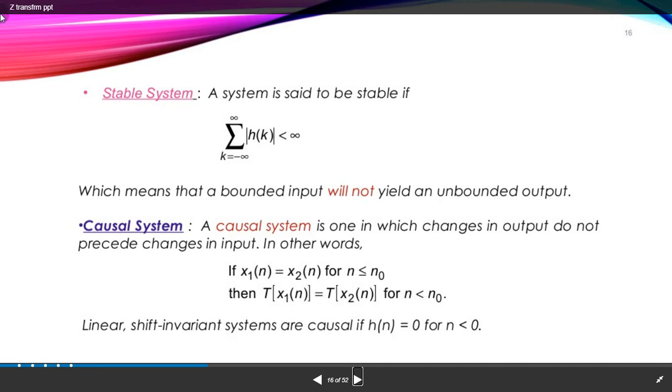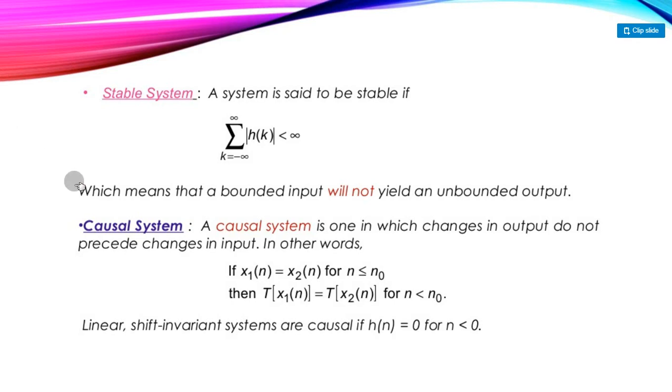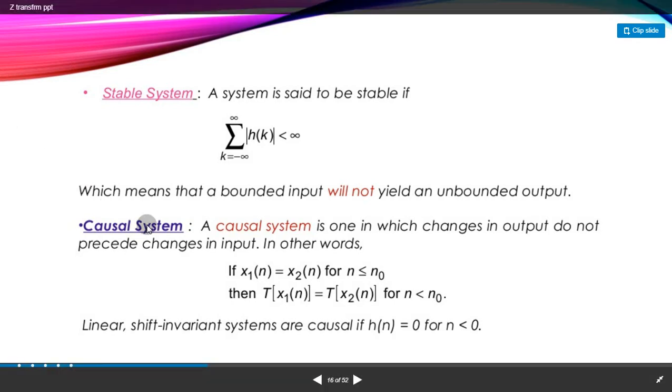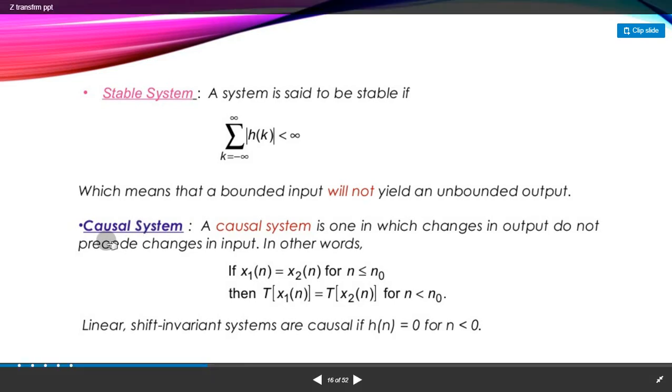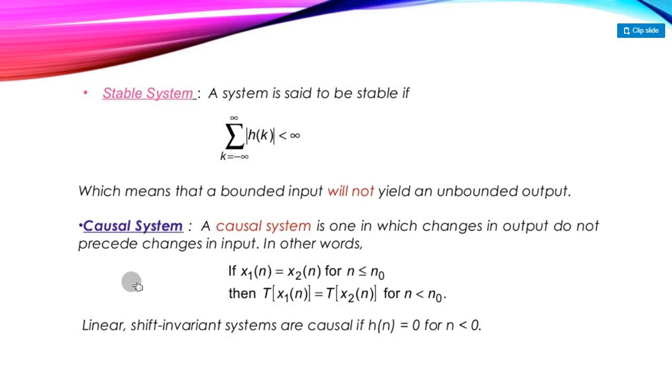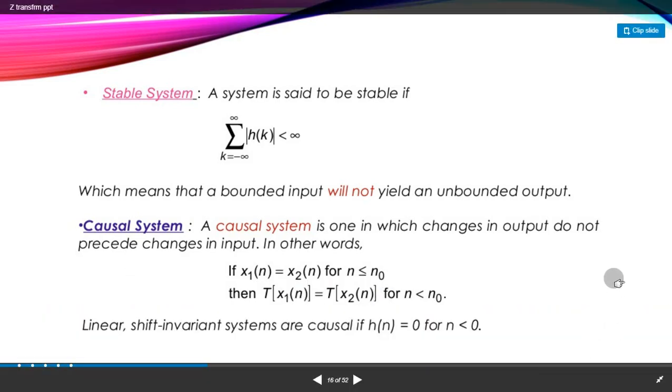Next we would like to understand what a causal system is. A causal system is one in which changes in output do not precede changes in input.